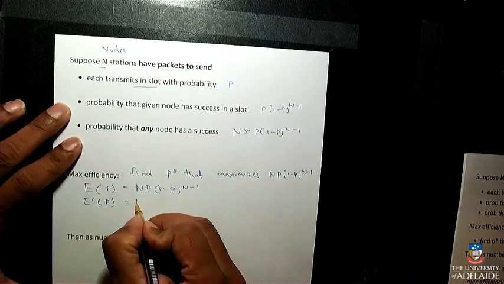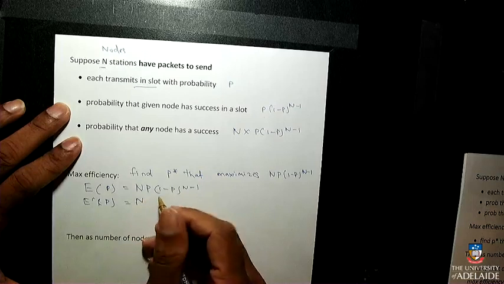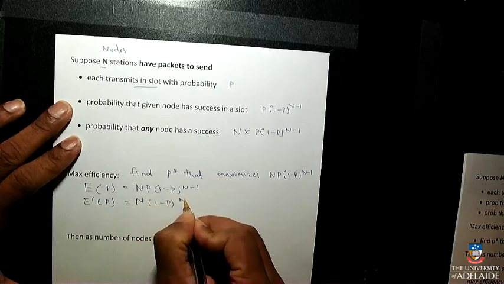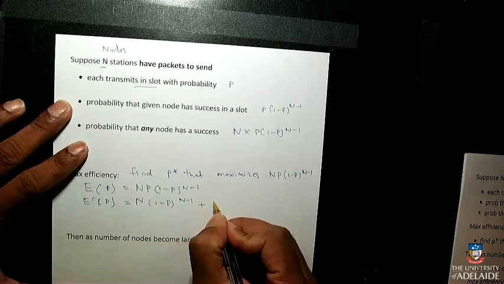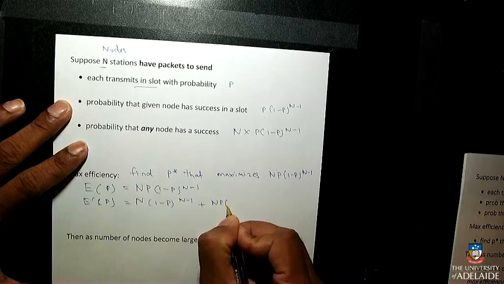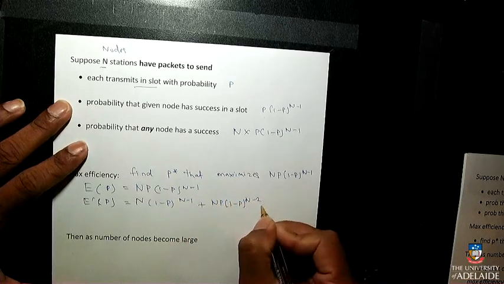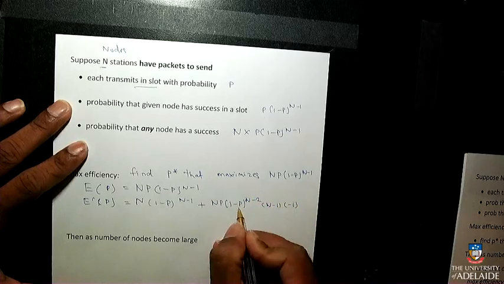So we end up with n into (1 - p)^(n-1) plus np, differentiate what's in the brackets, (1 - p), just write it out, (n - 2)(n - 1), and just the minus 1 from p.